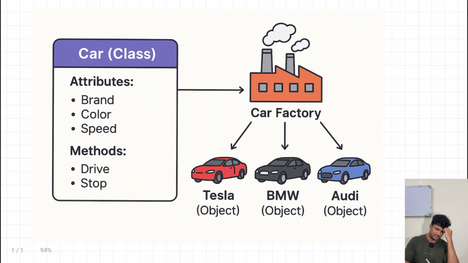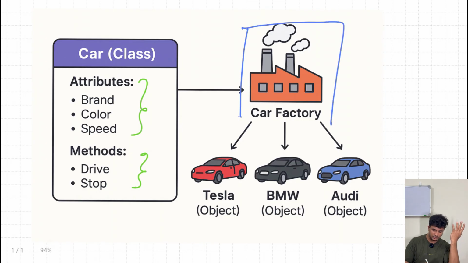So the Car class has three attributes, that is three variables, and it has two methods. For example, take a car factory. Car factory is my project and Car is my class.